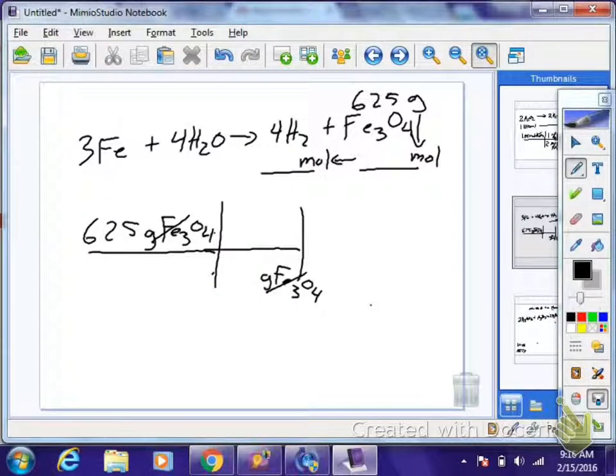Some students like to go one step. They'll put grams of Fe3O4 down here and they'll put 4 moles of H2 up there. Well, they're not the same thing. You can't go from grams of one substance and figure out moles of another substance in one step. So you got to go to moles of Fe3O4. And you do that by figuring out the weight.